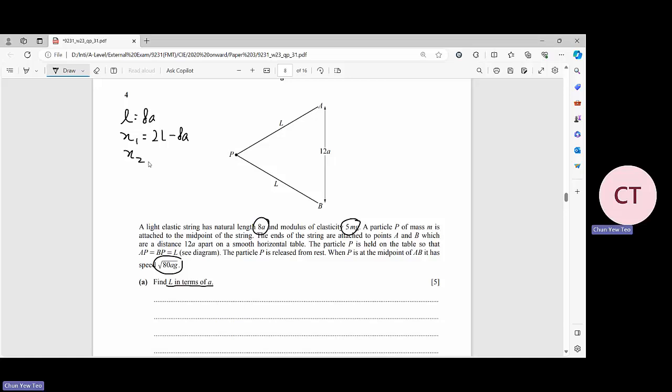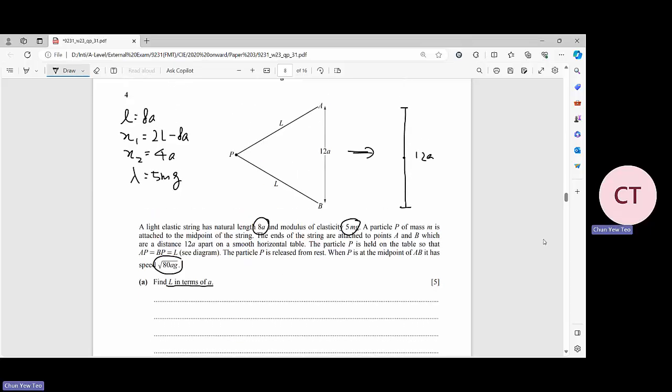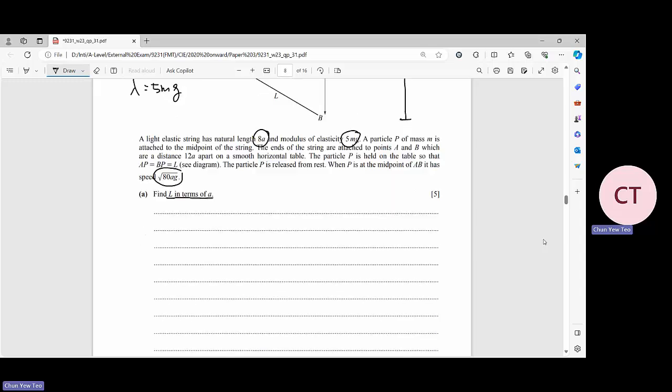Then when it becomes a straight line, this is 12a, and the extension will be 12a minus 8a, which is 4a. And the lambda is 5mg. So with the information we have listed down, we can start to do the conservation of energy.